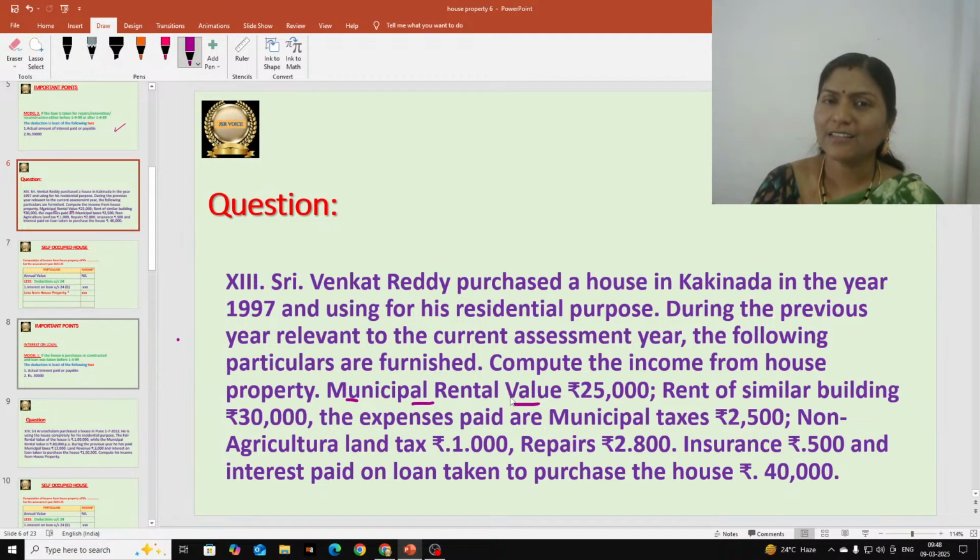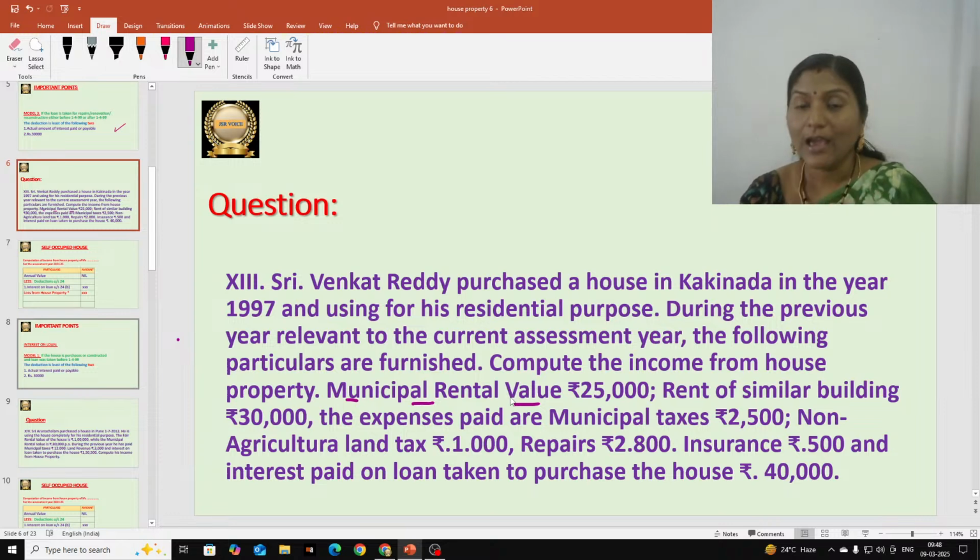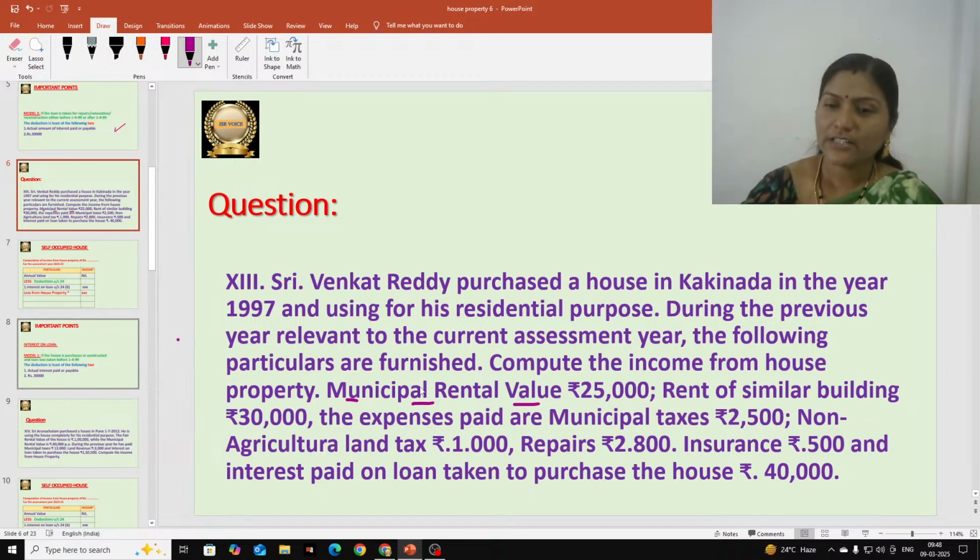If it is nil, then we don't take municipal rental value, fair rental value or standard rental value, and there is no actual rental value because he is staying there, not giving it on rental basis. We are not bothered about all this because annual value is nil. That is why we don't take these MRVs.